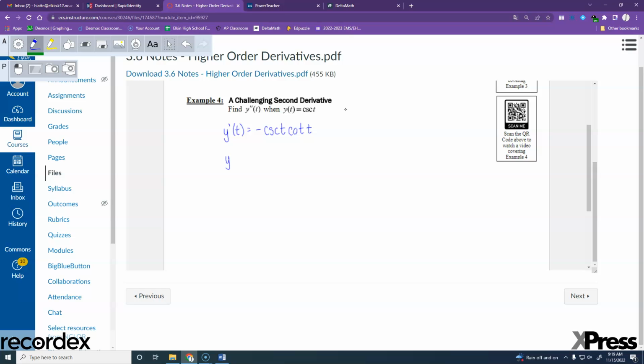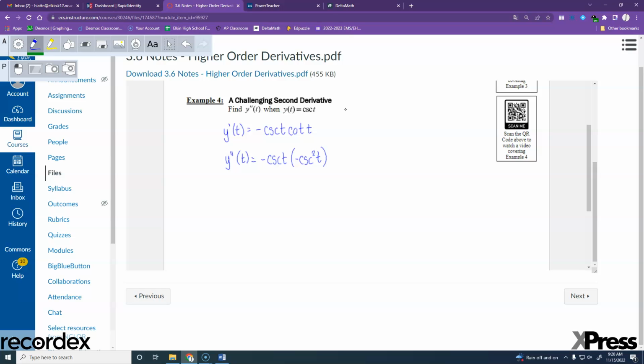Second derivative. What have we got to use to take the second derivative? Product rule. So we're going to have negative cosecant t times the derivative of cotangent. What is our derivative of cotangent? I think it's negative cosecant squared t. Somebody got that out.